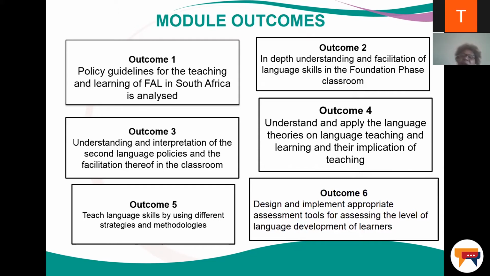Outcome 4, understand and apply the language theories on language teaching and learning and their implications. Outcome 5, teach language skills by using different strategies and methodologies. Outcome 6, design and implement appropriate assessment tools for assessing the level of language development of learners. You will see that these outcomes are linked to each and every unit. It means after completing each and every unit, you'll be able to do this.